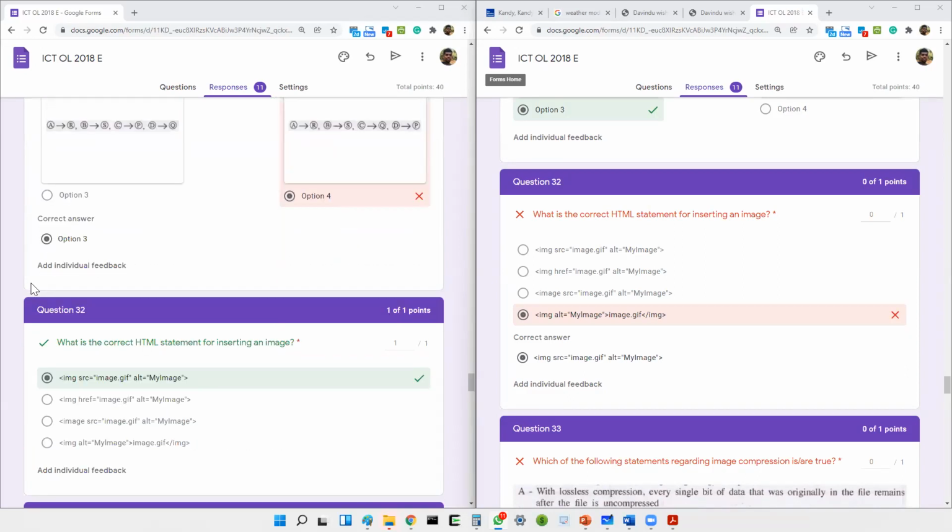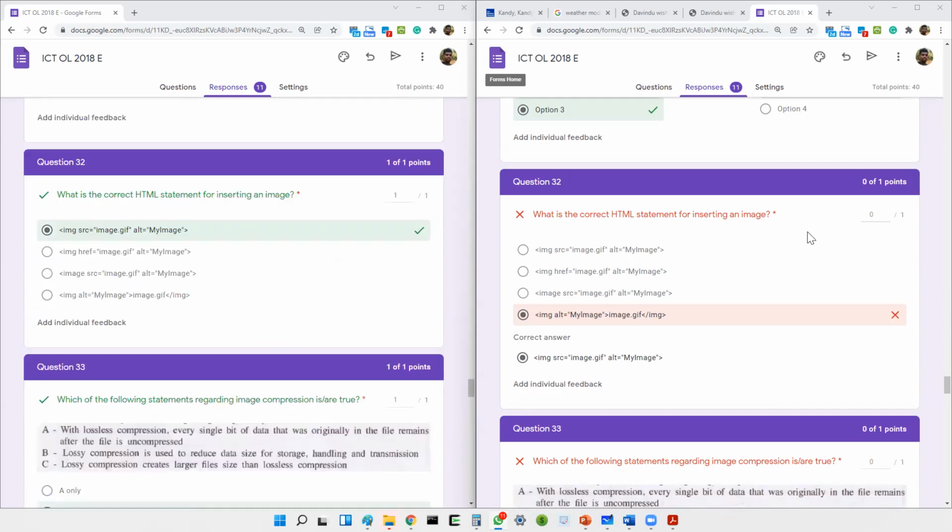So how do you write this correct statement? img src, and then you have to have an image name, and the next one is the name that you actually use. So we should be able to identify this.